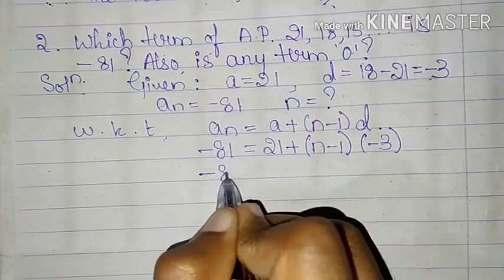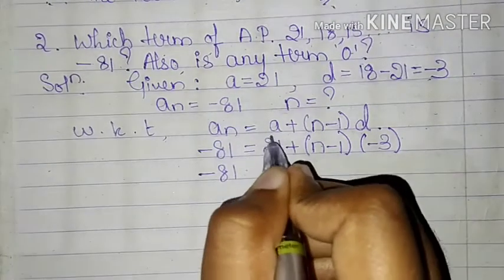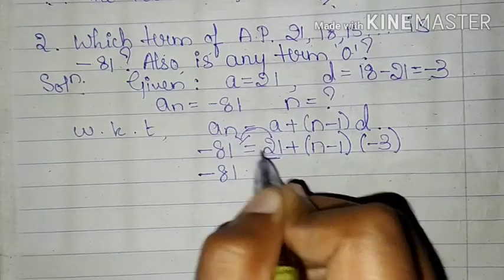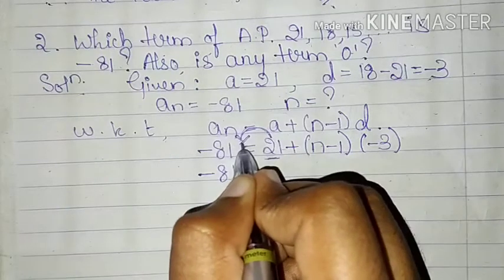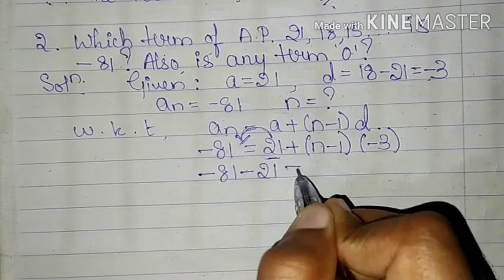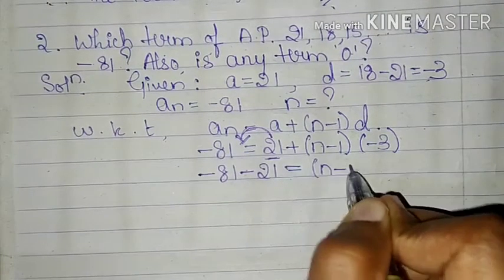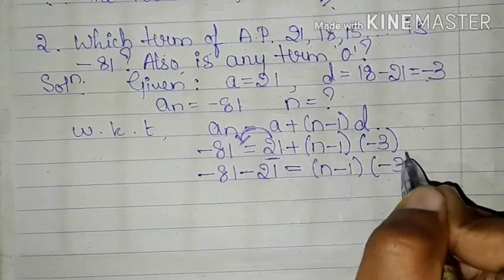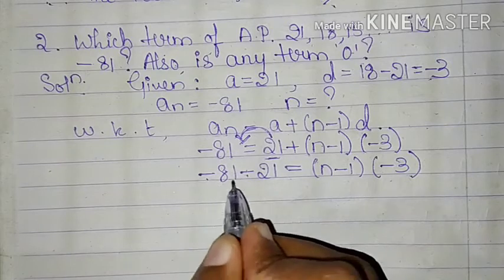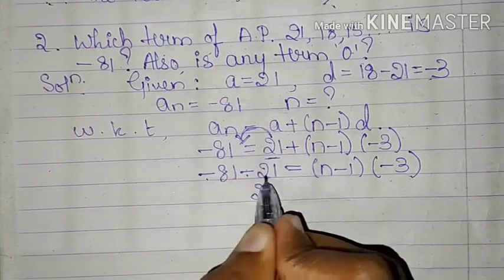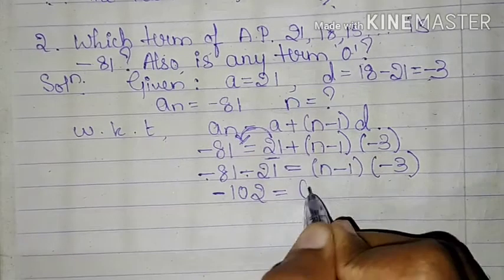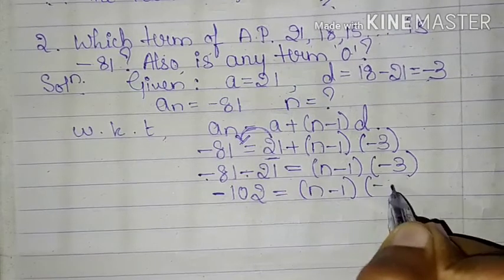So now minus 81, if I bring this 21 to the LHS, the 21 is on the RHS and it is added, so if I bring it to the left hand side, it will be subtracted. Minus 81 minus 21 is equal to (n minus 1) into minus 3. Okay, so now minus and minus, we have to add them. 1 plus 1, 2, 8 plus 2, 10, so it is minus 102 is equal to (n minus 1) into minus 3.